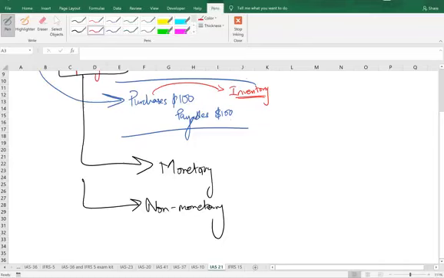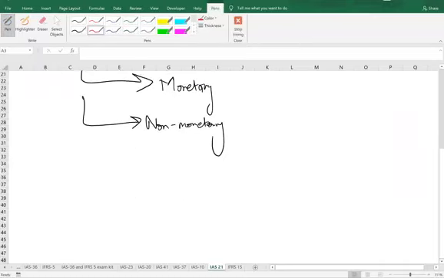For non-monetary items, let me tell you about the monetary item first, which is very easy.